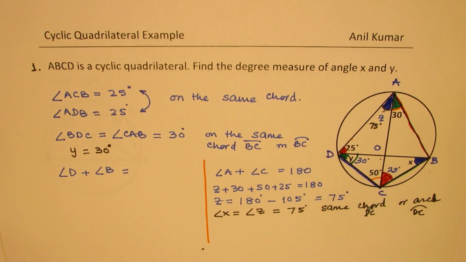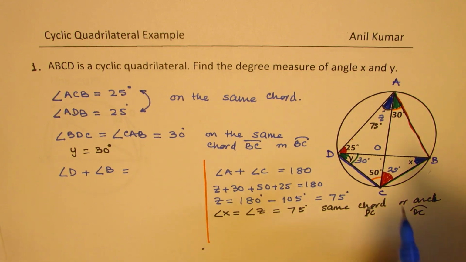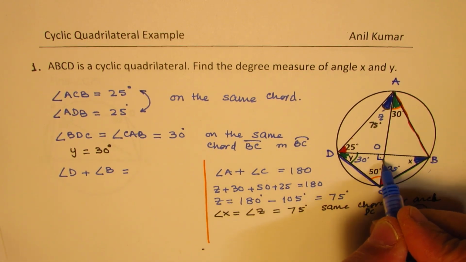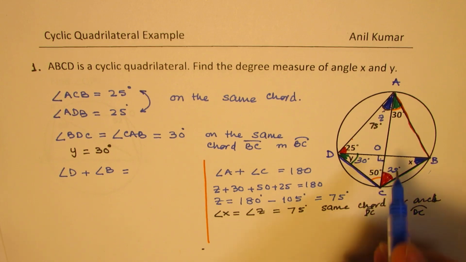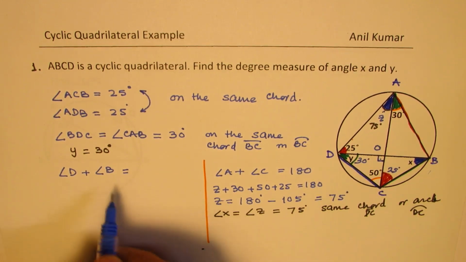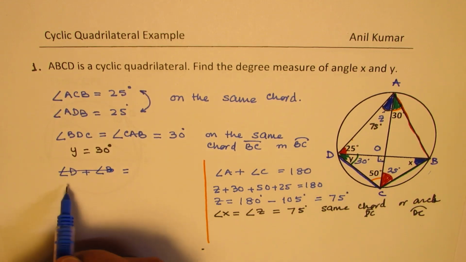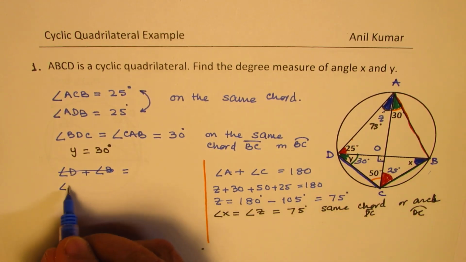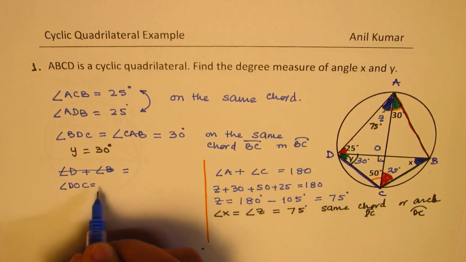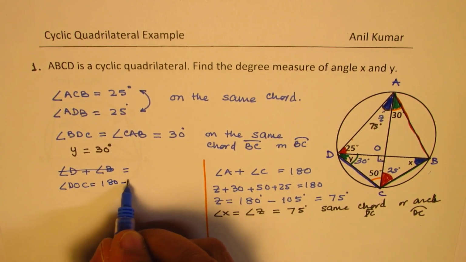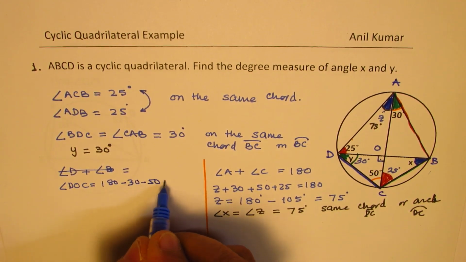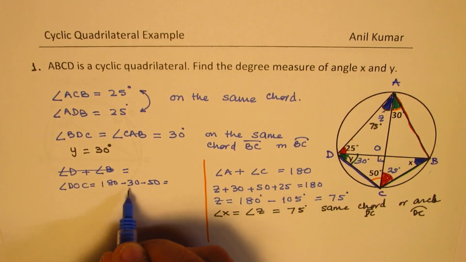Well, there was definitely an alternate way. I could have found the angle of the triangle, right? So I could have found what this angle is. Now this angle here, let's say angle O, so angle DOC will be equal to 180 minus 30 minus 50, which is 100, right?